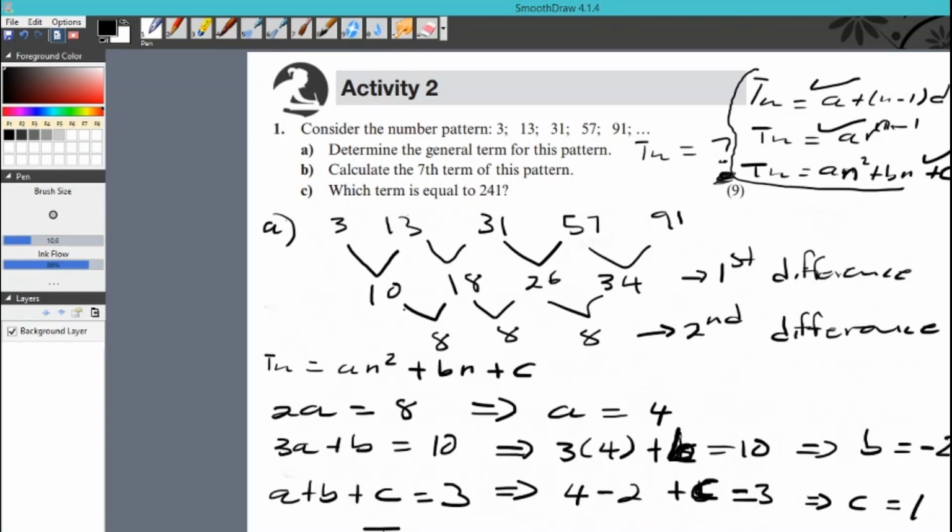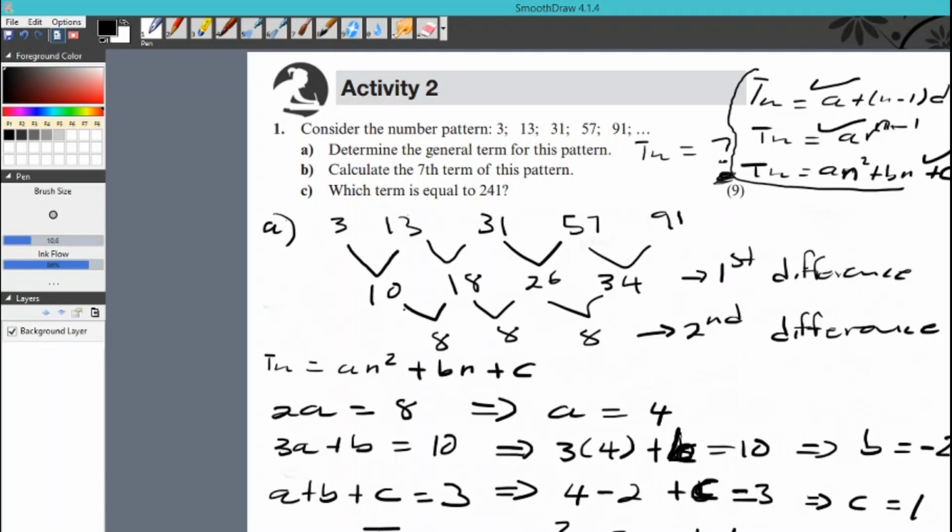So the general term formula is Tn is equal to 4n squared plus bn, where b is minus 2. So it's 4n squared minus 2n plus 1.